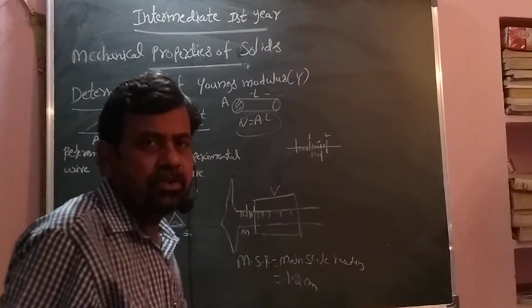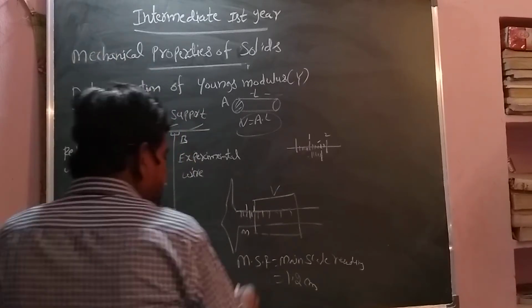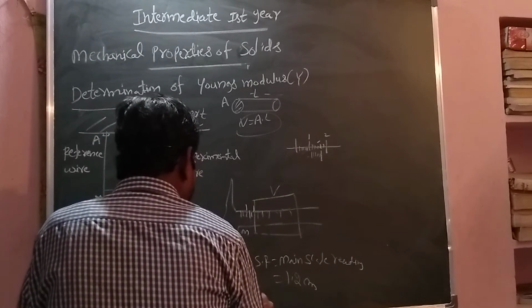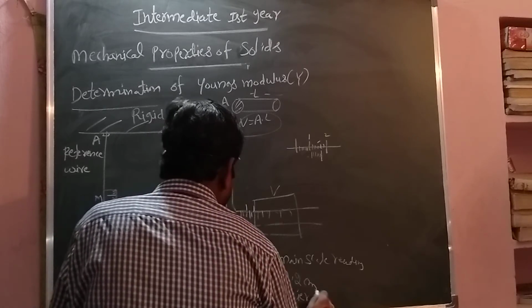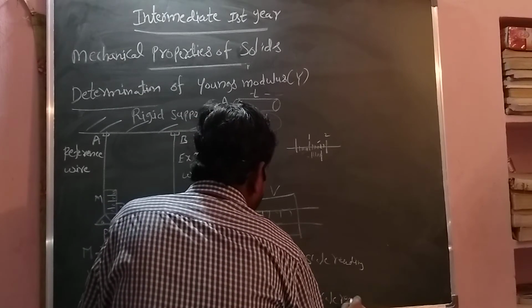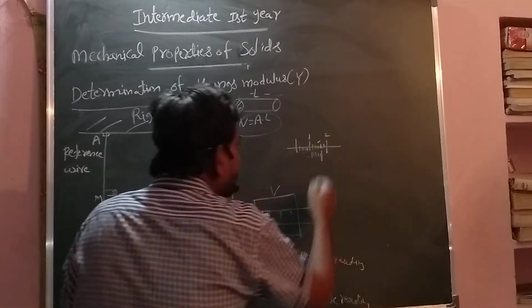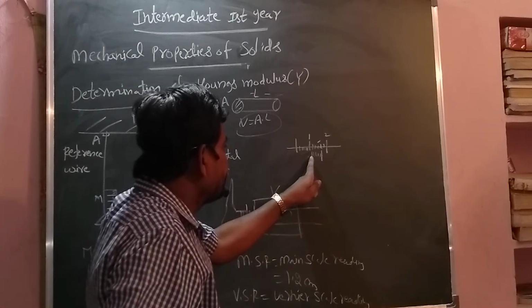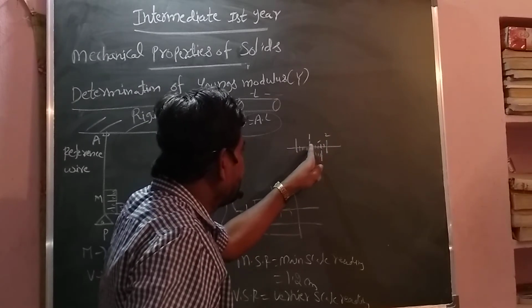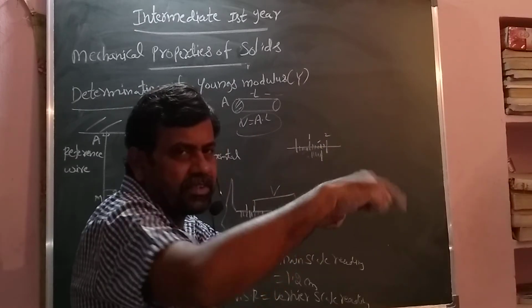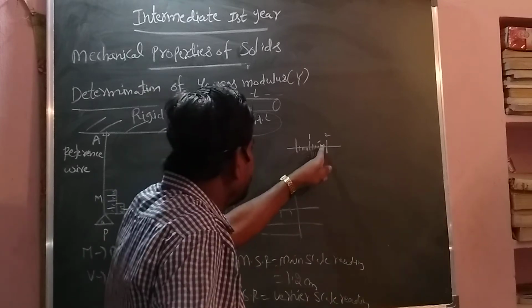So that is called what? VSR, vernier scale reading. In this diagram, I have taken the 8th: 0, 1, 2, 3. The 8th division perfectly coincides with a millimeter division on the main scale, so you take 8.